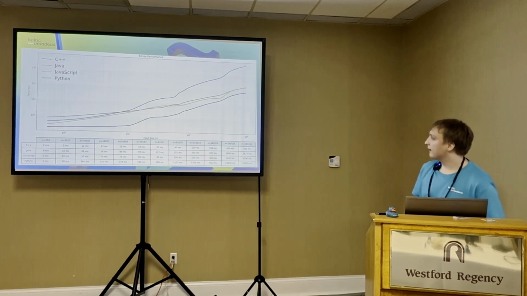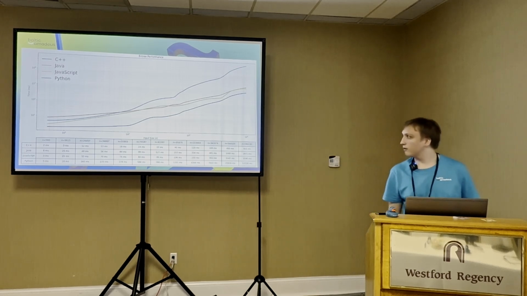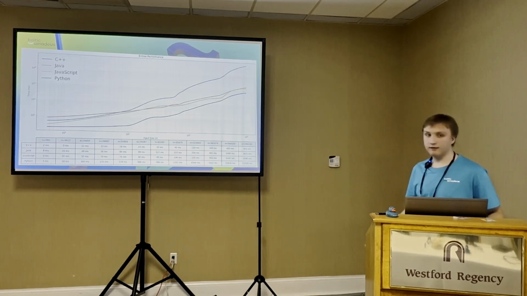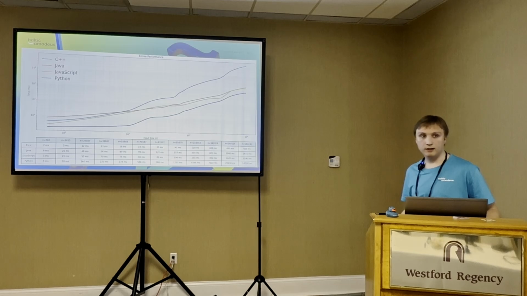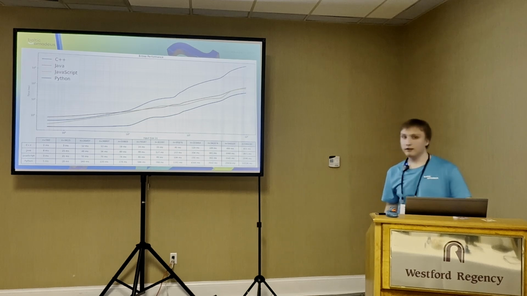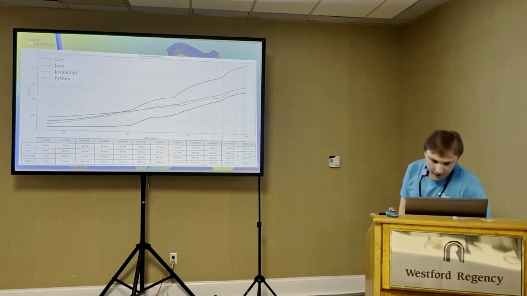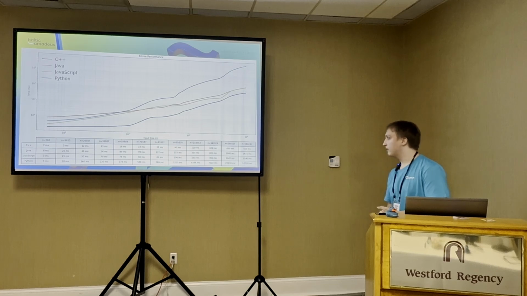Right here you can see 10 to the 6th, that's a million keys, from 1 to a million. C++, for instance, runs in under a second, while JavaScript runs in around a second and a half.